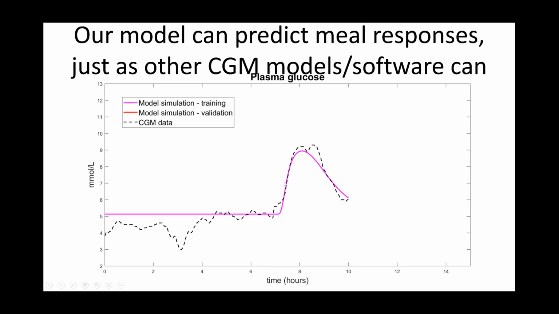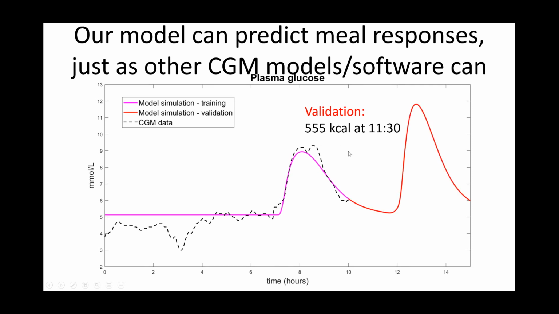This is just to show that the personalization works. Here we again have the glucose curves: this is the raw data, and this is the digital twin simulation, which has now been fitted to this data. So it's been training on this data, and then we do validation. We test the predictive capability of the model on the short time scale by looking into his diary and seeing that at 11:30, over here, he ate a meal of 555 kilocalories.